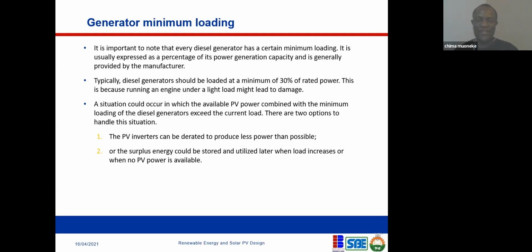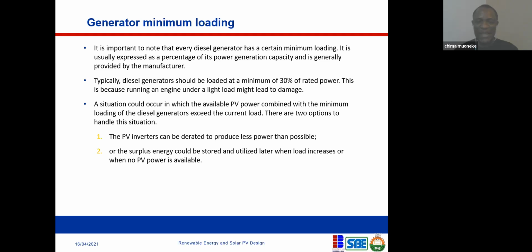When you're doing a hybrid system, you must make sure that the system requirements for both the generator and the solar system are fulfilled. But again, there has to be a priority because the generator is a mechanical device, and like I said, it has a minimum operational requirement that must be met.